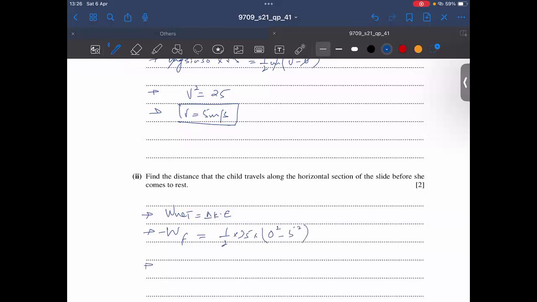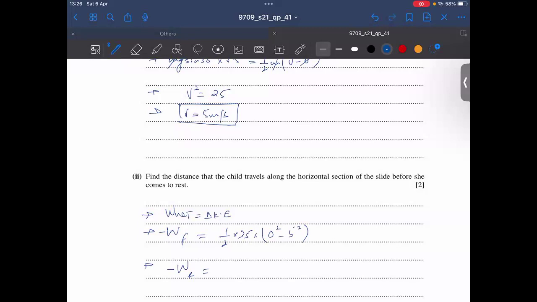So Amna, it's going to be minus work done against friction. Amna, what are you getting? 25 into 35 is 875.